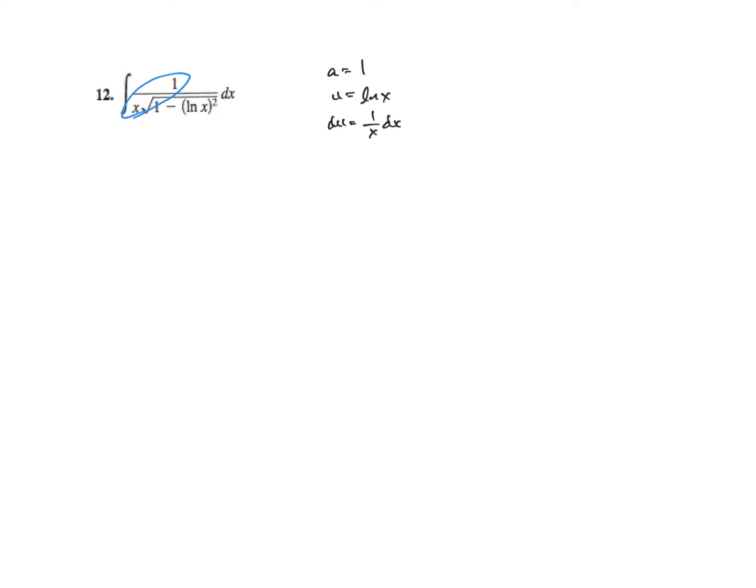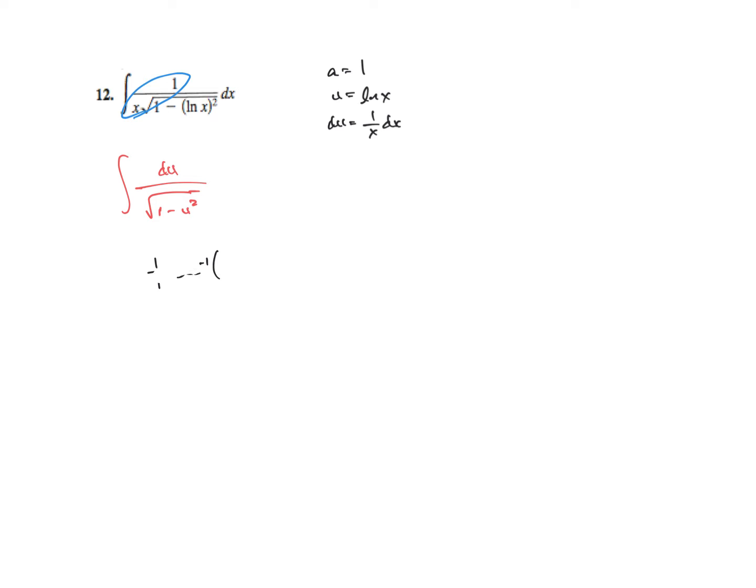So now it's ready to go. So now this would basically be like a du over square root 1 minus u squared, right? And so this is just a what? Arcsecant. So let's look at our little note card. We'd have 1 over 1 and then arcsecant of, arcsine.